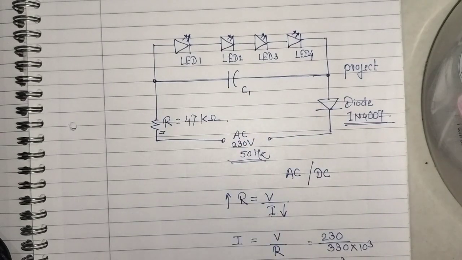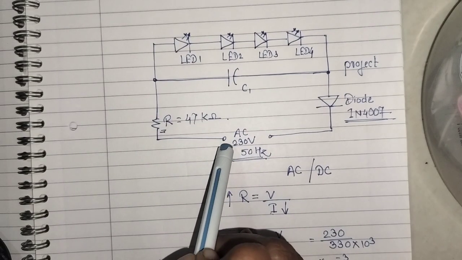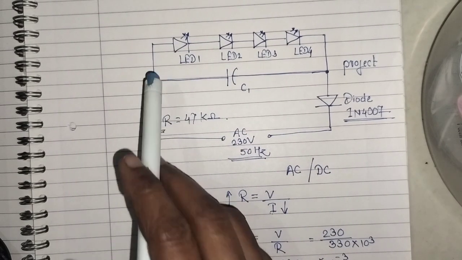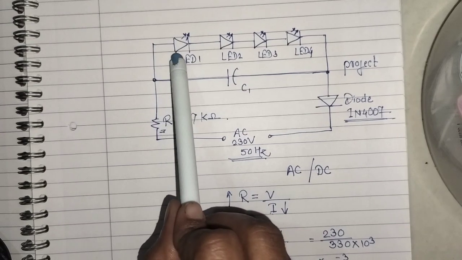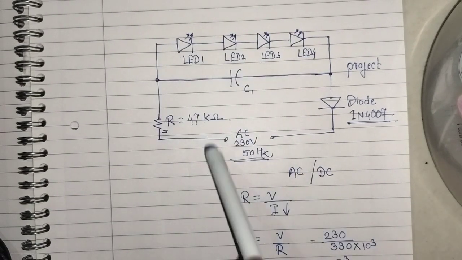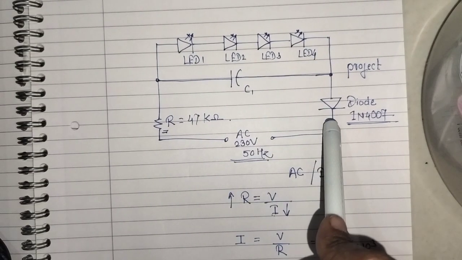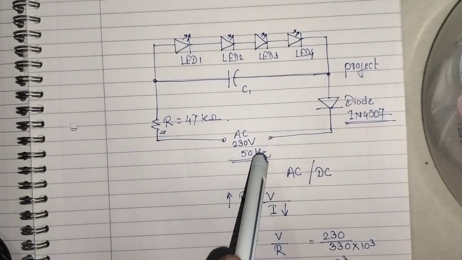So how the circuit will work, first we'll discuss that. As AC starts flowing through this, for the positive cycle all LEDs will start glowing, right? Because they will all be in forward bias, and our capacitor will start to charge. In the same way, the diode will give a path to the AC.